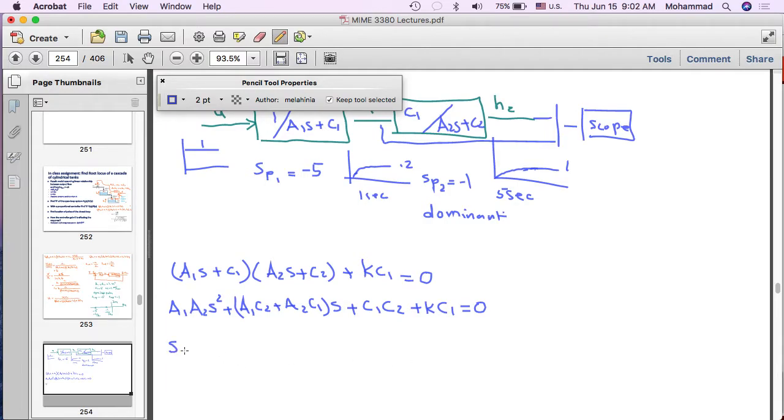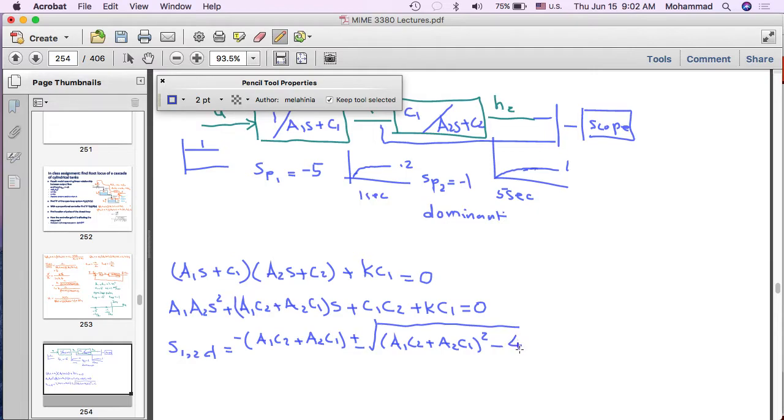So s1 and s2 of the closed loop is going to be equal to minus b, which is this parenthesis, so minus (A1 C2 plus A2 C1), plus or minus the square root of b squared, so (A1 C2 plus A2 C1) squared, minus 4 times a times c.